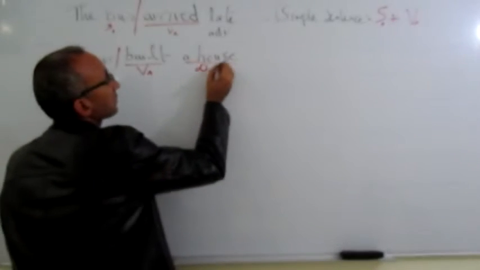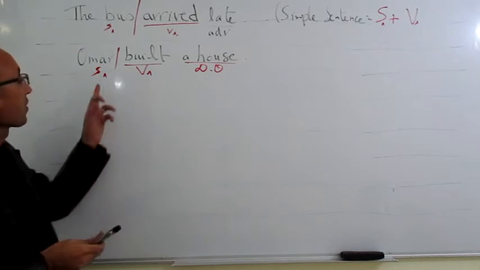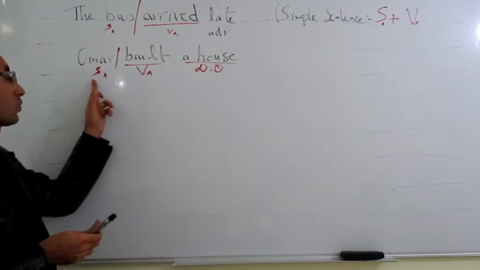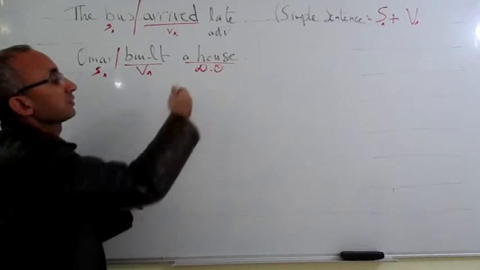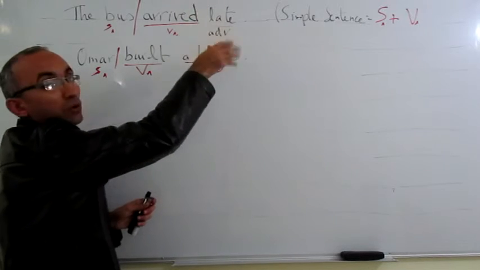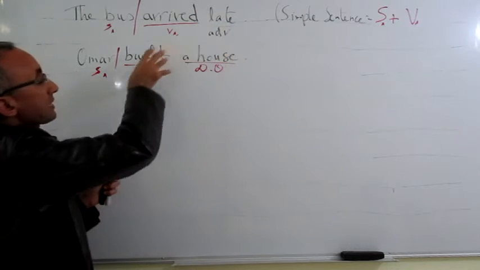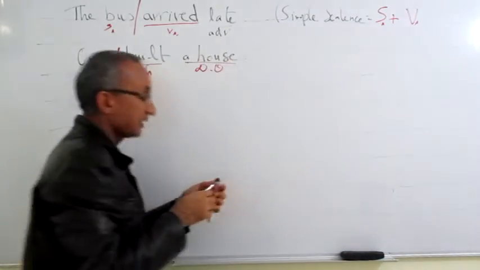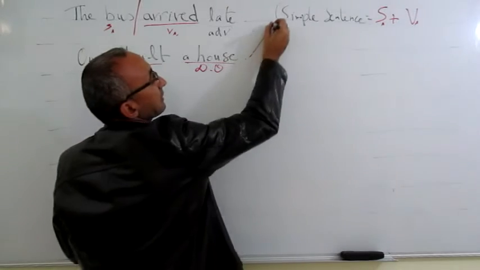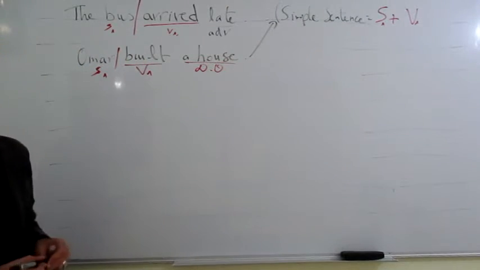I have only one verb here also, plus he built what? A house is my direct object. So this sentence also contains only one subject and one verb, plus a complement, or a modifier or any other extra element. So as this one contains always one subject and one verb, it's also considered as what? A simple sentence. Clear? Regardless of the elements which come after the verb.